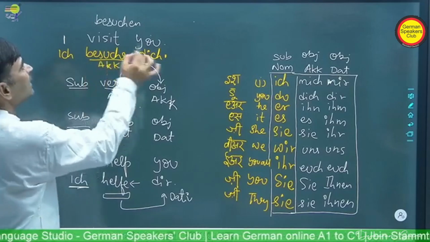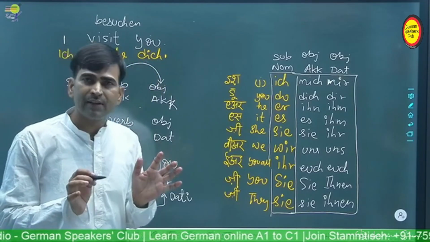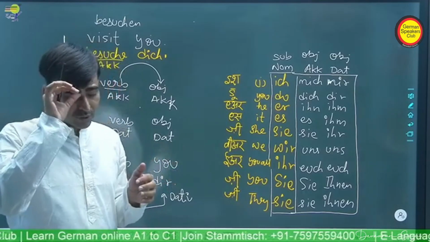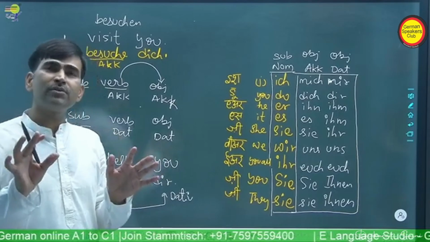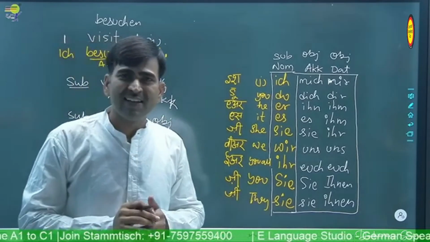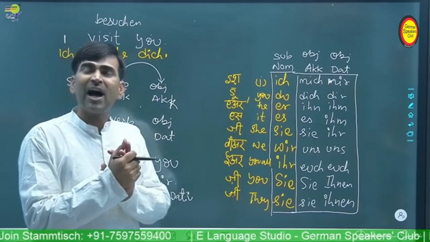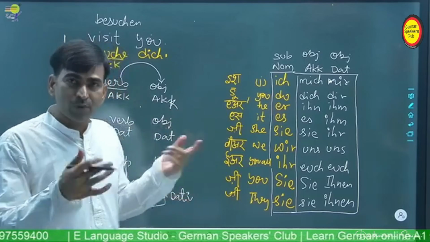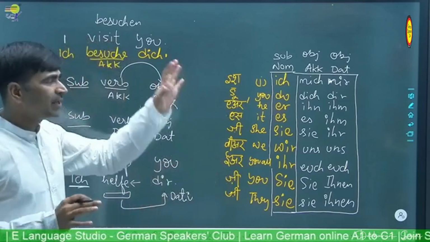And for an accusative verb we have dich, which is the object, and in the dative condition it is going to be dir. So all the 3 words in English are you, but they all are different in German. So ich besuche dich. This is accusative, so we'll have the object accusative.